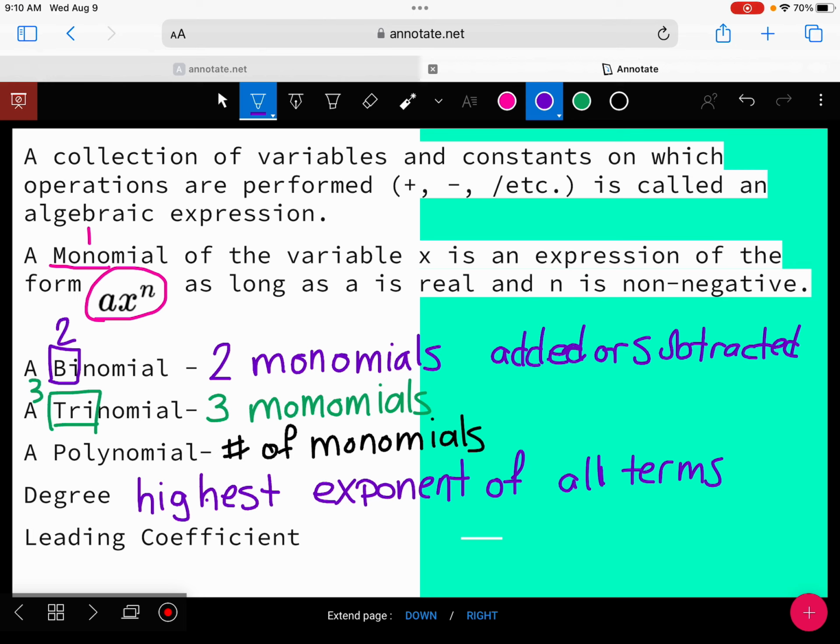Something like 3x squared plus 2x plus 4. It's a trinomial. It's got 3 pieces. Our degree is our biggest exponent, so it's 2. The same thing if it's a cubic, 4x to the 3rd. Our degree here is 3. It's the biggest exponent.